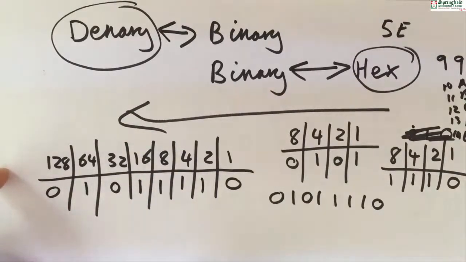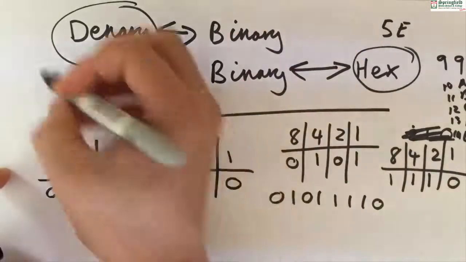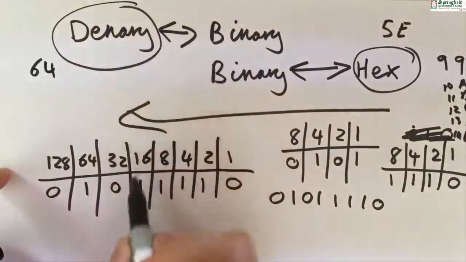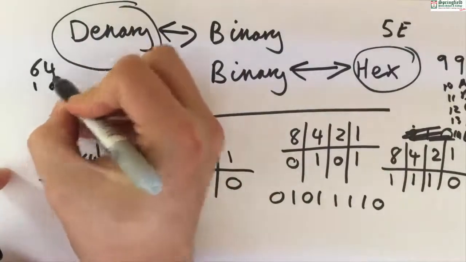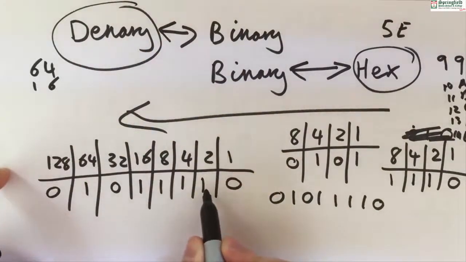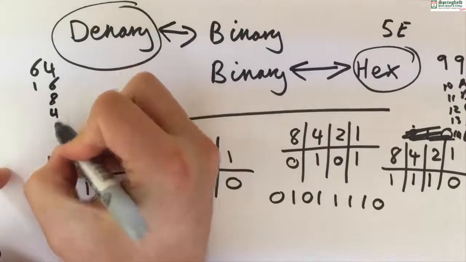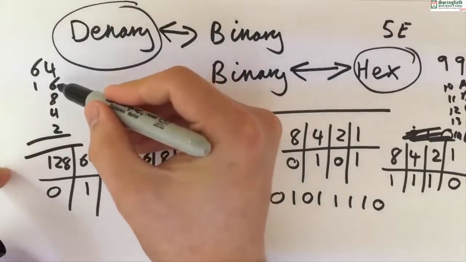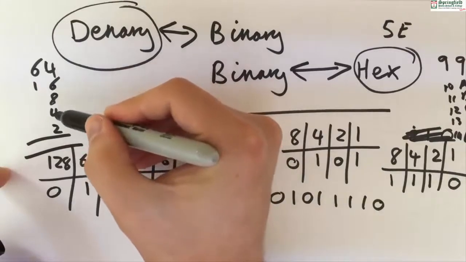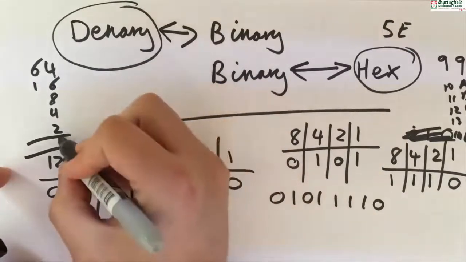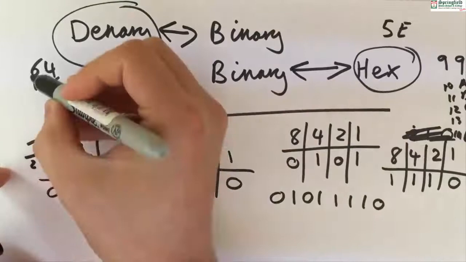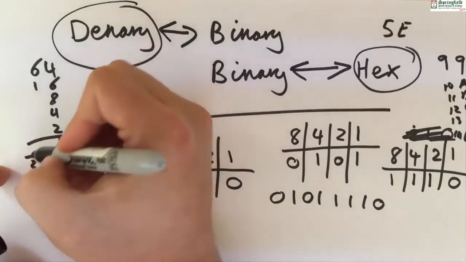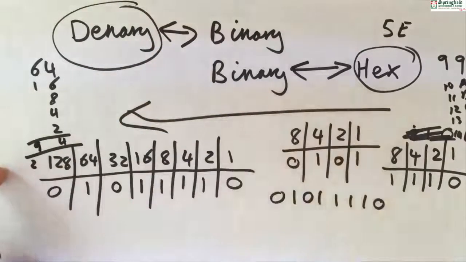So again, using any multiple addition method that you are comfortable with, I know I've got 64. I know I've got 16, I've got 8, 4 and 2. So 4 add 6 is 10, 18, 19, 20, 21, 22, 23, 24, 4, 2, 6 add 1 is 7, 8, 9, 94.